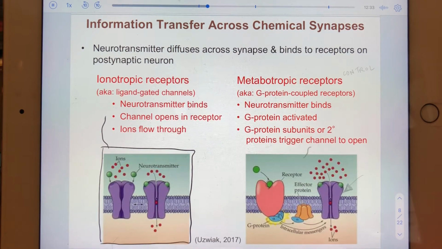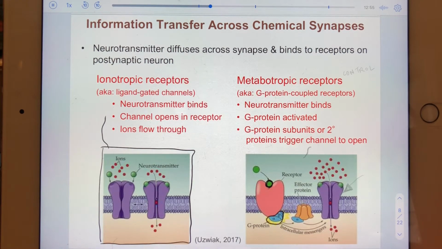But another possibility is that the neurotransmitter molecule binds to a receptor that is not itself an ion channel. Instead, that receptor is within the cell, coupled with a friend, and that friend is a G protein.